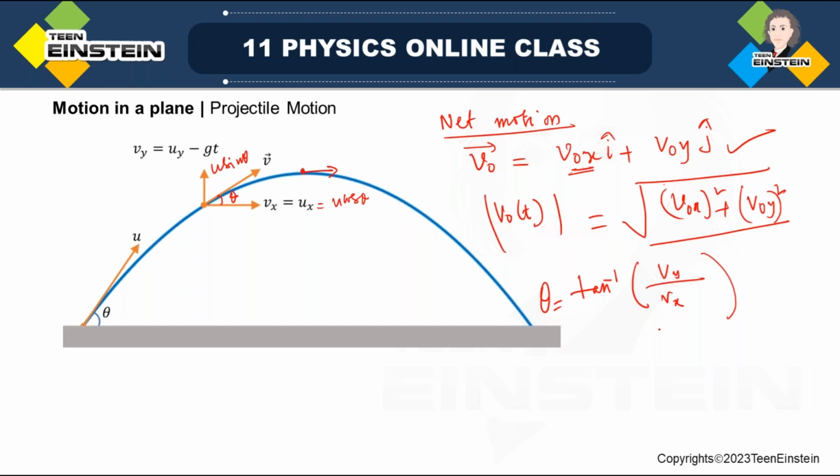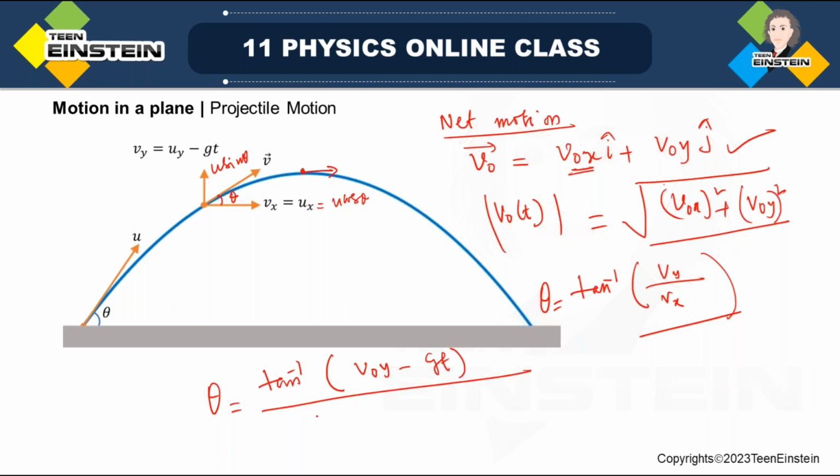At any instant of time, let me write once again, this theta will be given by tan inverse of Vy. That means you have V0 y minus gt at any instant of time. What is the angle?